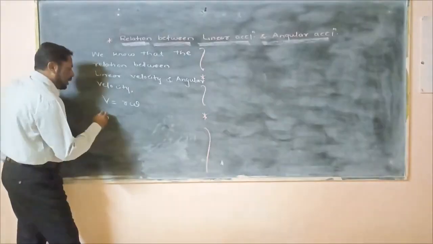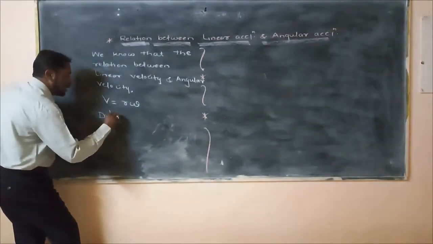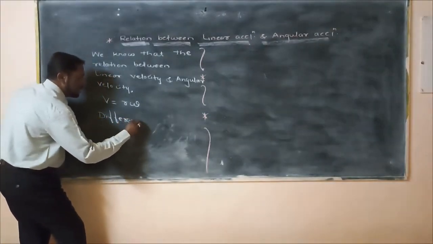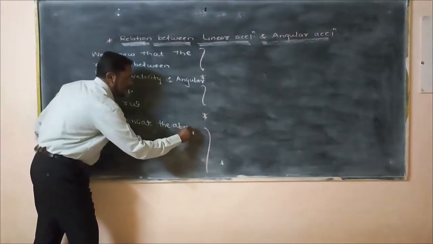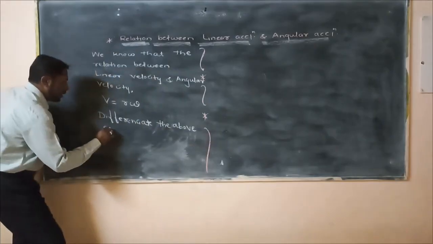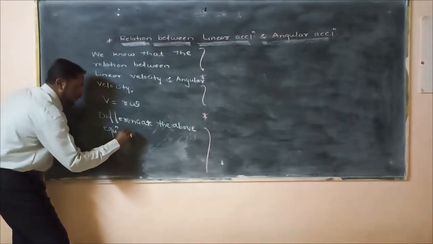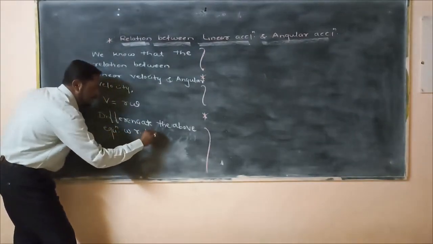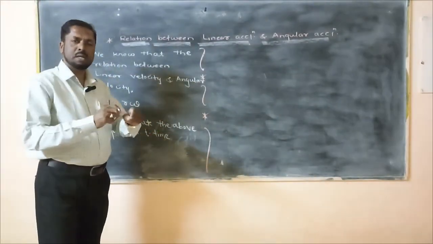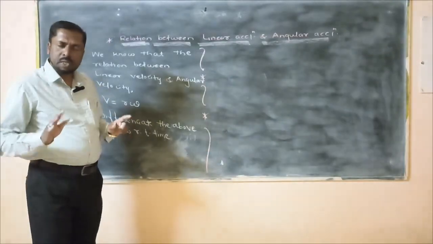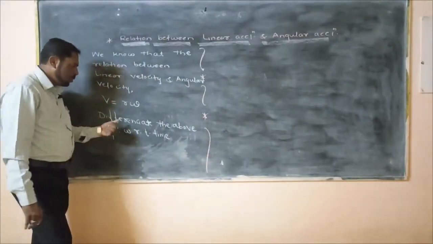Okay, just differentiate the above equation with respect to time. Differentiate means to write d by dt.